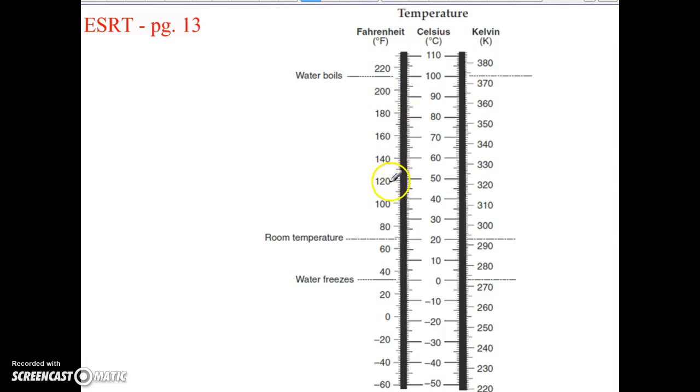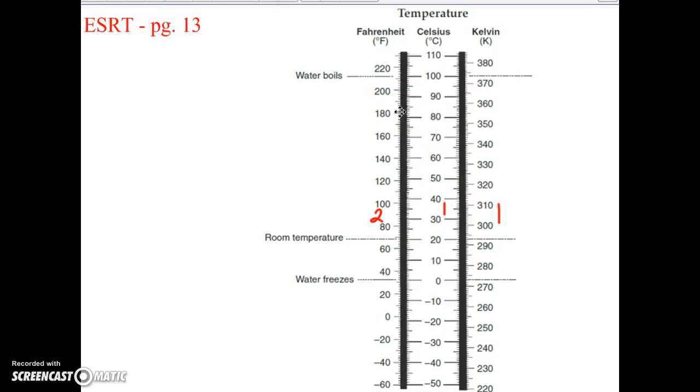If you look at the Fahrenheit scale, if you look at each little line, they're counting by twos. When you look at the Celsius scale, and you look at each little line, you'll notice that they're not counting by twos, they're counting by ones. And on the Kelvin scale, if you look at the little lines, again, they're counting by ones. So really the big thing to be aware of is that each scale is counting by something different.